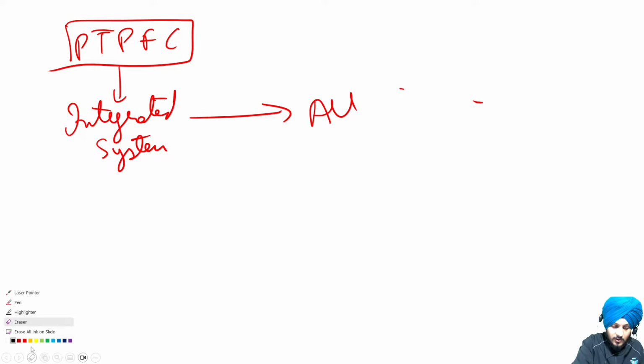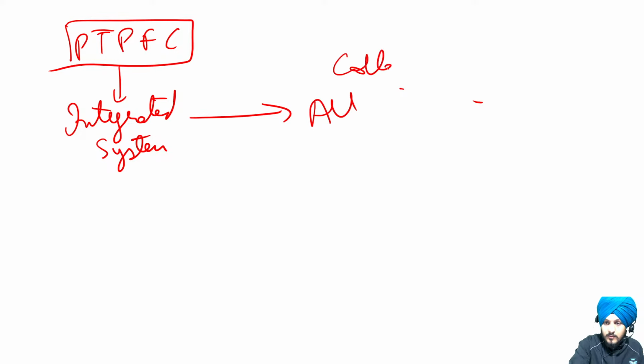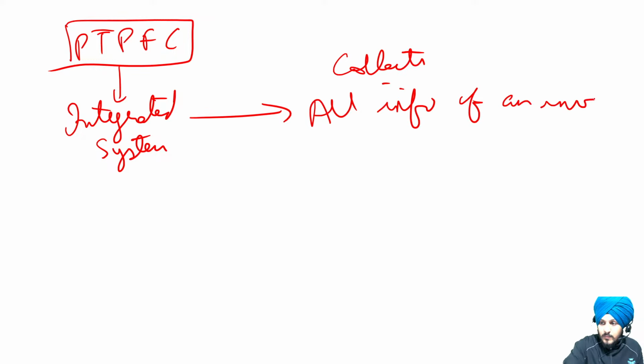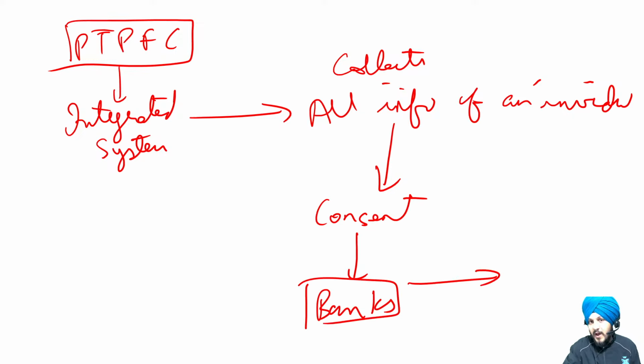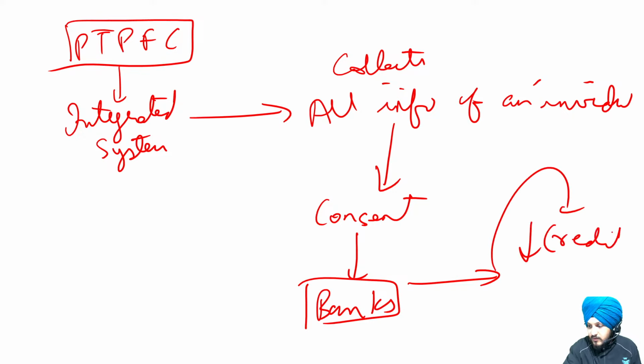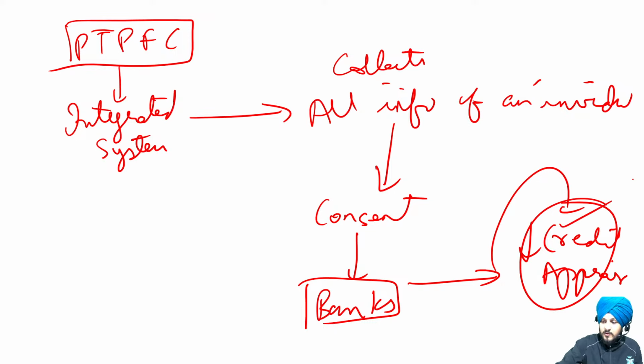So it collects all the relevant information of an individual, and with your consent, it will provide that information to the banks. And it will reduce the credit appraisal time. That is the issue we discussed before, that credit appraisal needs a lot of time. It is a lengthy procedure because banks have to connect to multiple entities.